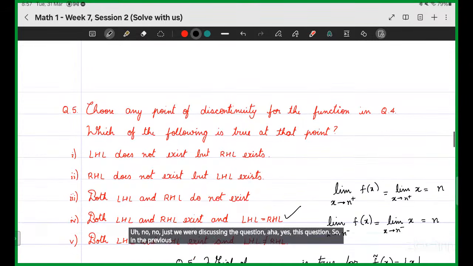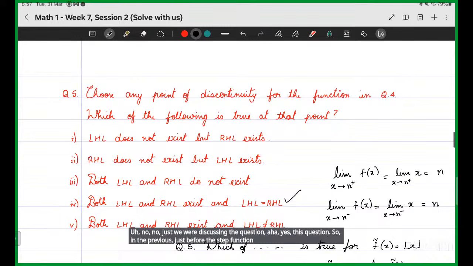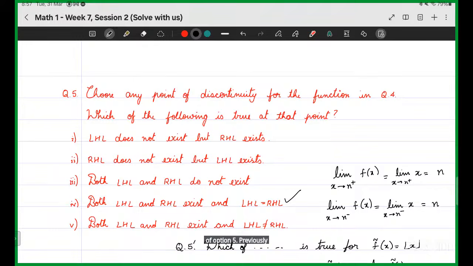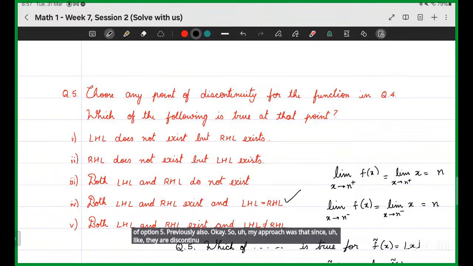Just before the step function you said, I went with the selection of option 5 previously also. My approach was that since they are discontinuous, LHL and RHL won't exist. So that's the reason I chose 5.